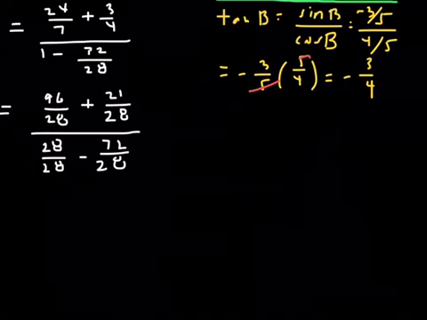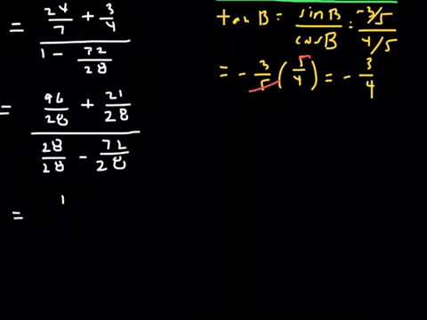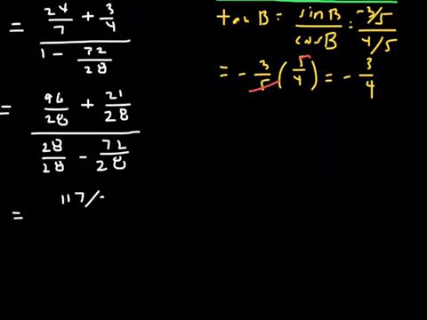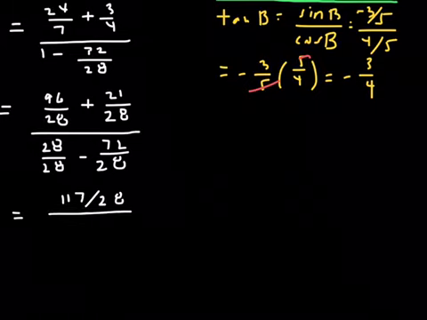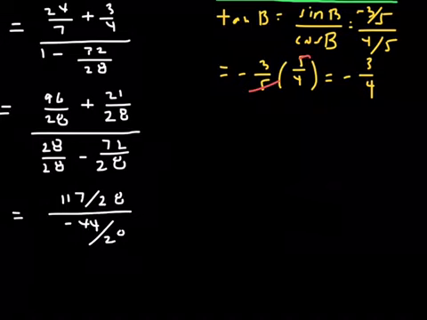All right, so then this turns out to be 96 plus 21, which is 117 over 28, divided by 28 minus 72. I believe that is negative 44 over 28. All right, cool.